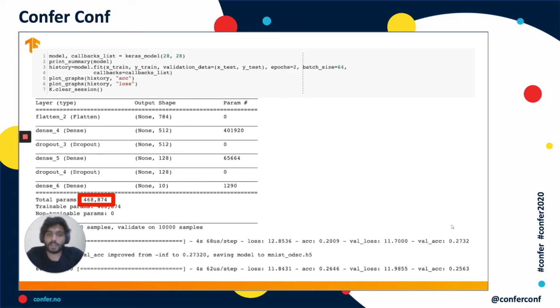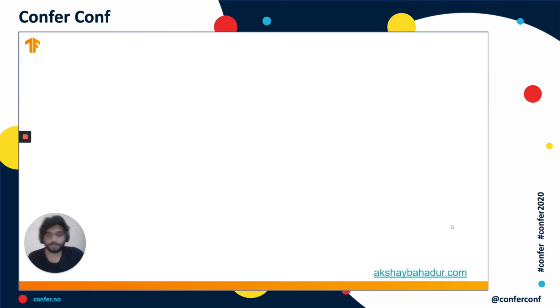Now, if we call the model.fit function on this, you can see that each step takes around 68 microseconds, which is quite good for us. But the problem is that even after two epochs, the accuracy is around 26% and the loss is 11, which means that our model is learning, but it is not learning at a very high rate.